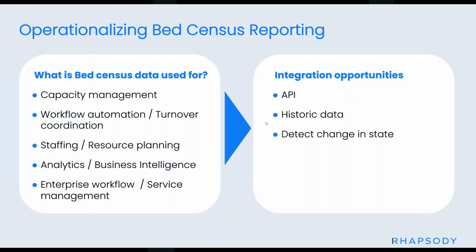Again, if we added the ability to do historic data, that's going to make it more useful for consumers doing some analysis. And if we could get to the point where it automates the idea of detecting a change in state, something like a bed turning over where we need to clean the room, that kind of use case could gain use from our API.